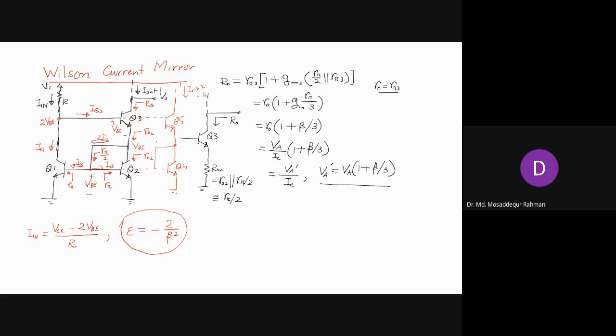With that, we conclude our discussion on current sources and current mirror circuits. Next, we'll discuss the active load. It's another important component of integrated circuits.